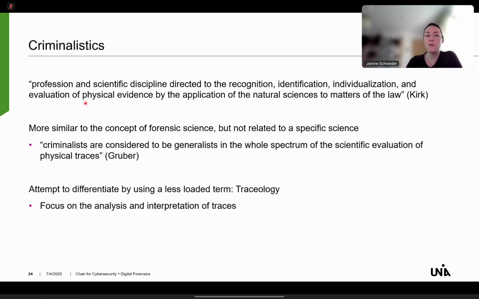And also here we have an emphasis on physical evidence, but we can translate many of these things to digital forensics, as we already saw in the beginning of the semester. But you can also see here that we have many definitions for criminalistics. This is usually something that is done very often in science: people come up with a definition for something, then somebody reads the definition and thinks, but what if we have this and that situation?